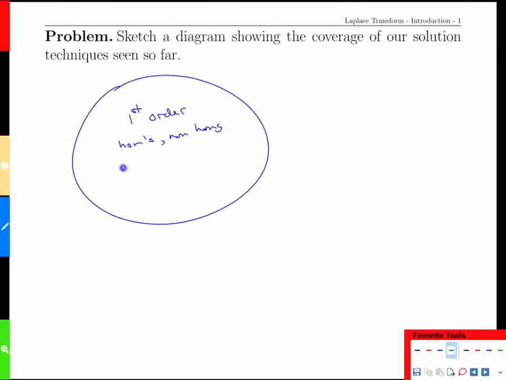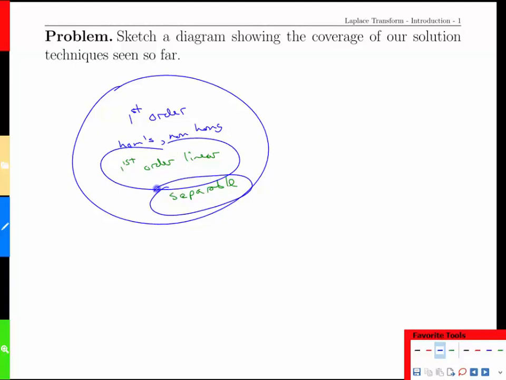One was first-order linear, and we also had separable. And those are two subsets of general first-order equations. There are other equations out there that we might not be able to solve, even though they're still first-order. We also notice that there's a bit of overlap potentially between those.